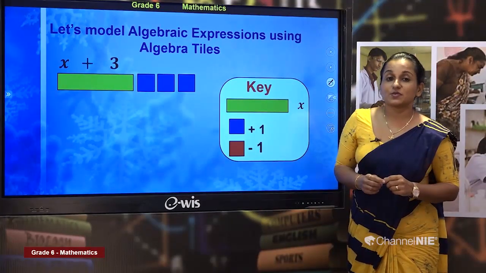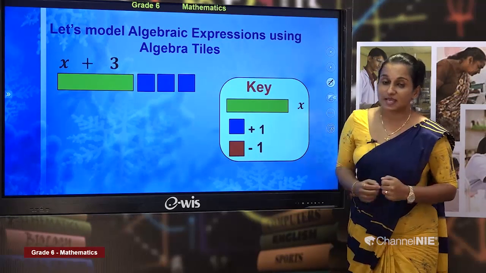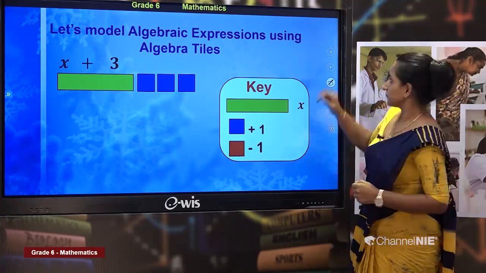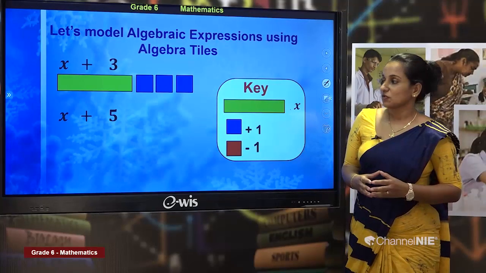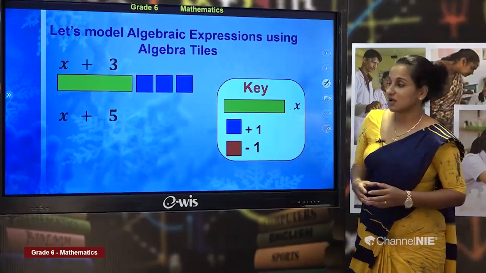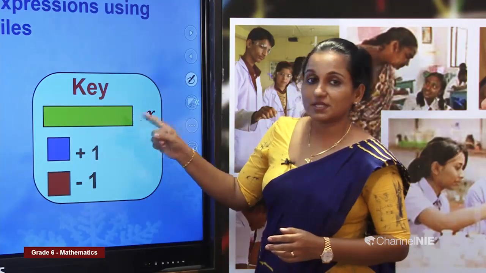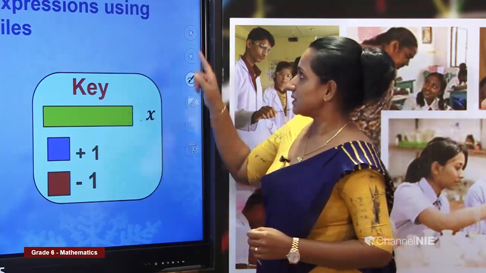Let's see whether you can model my next algebraic expression. It is x plus 5. Can you do this? I want to represent x. What should I use to represent x? I can use a green rectangle to represent x.